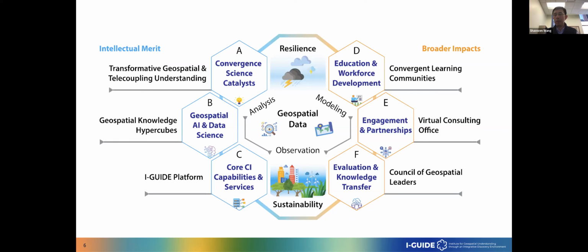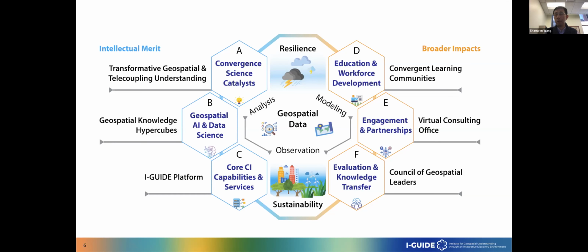We are also pushing the frontiers of geospatial AI and data science, enabled by cyberinfrastructure capabilities and services. And we also have an ambitious educational workforce development agenda. This part is led by Eric Shook, and Convergence Curriculum is a key initiative, as I mentioned.